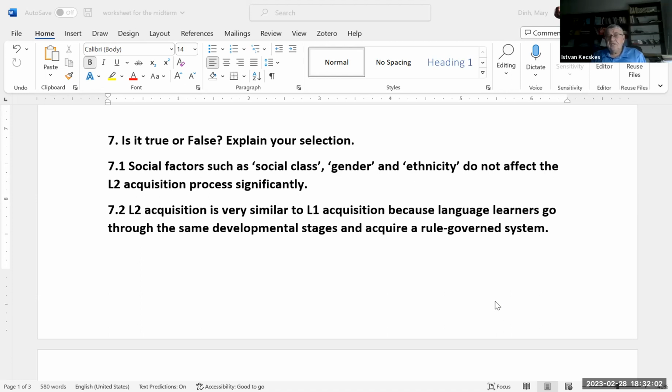So here, there is much less gray than in the first case that we just covered. So the first one is social factors such as social class, gender, and ethnicity do not affect the L2 acquisition process significantly. What do you think about that?